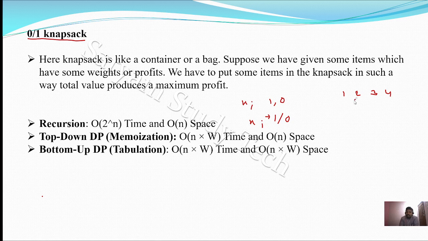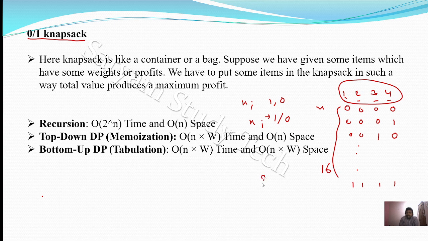For example, with 4 objects, these are the possibilities. 0 0 0 0 means you do not consider any of the objects. If you consider only the fourth object, it is 0 0 0 1, and similarly the second object only, the third object only, up to 1 1 1 1. The total is 0 to 15, that is 16 possibilities. With n objects this is 2 power n, so the time complexity is big O of 2 power n.